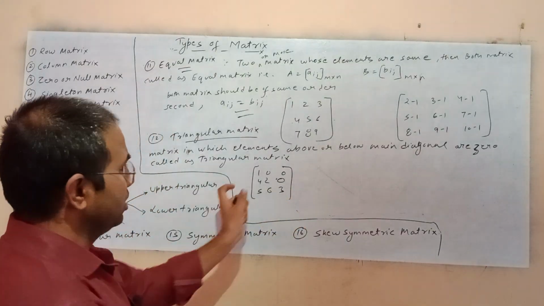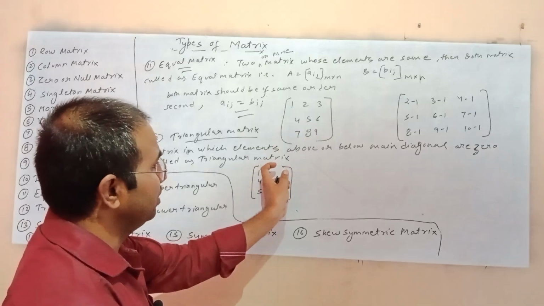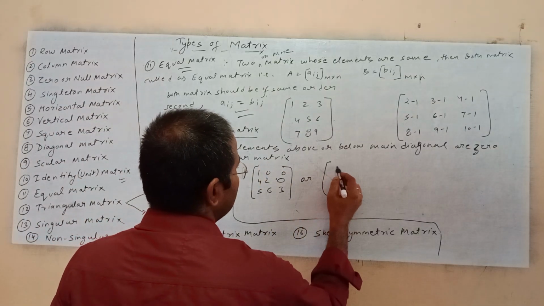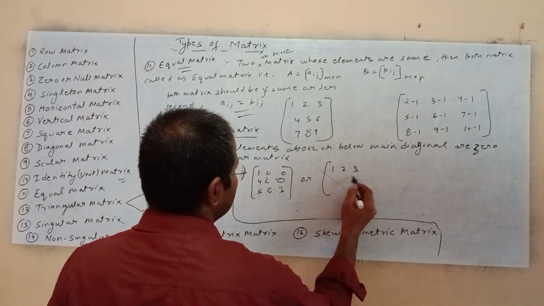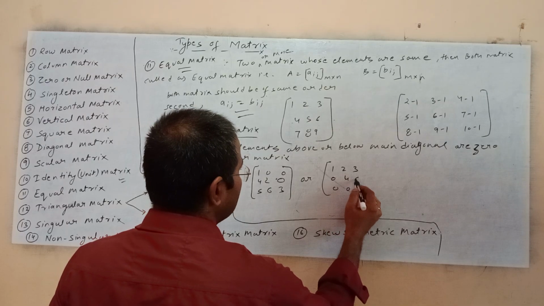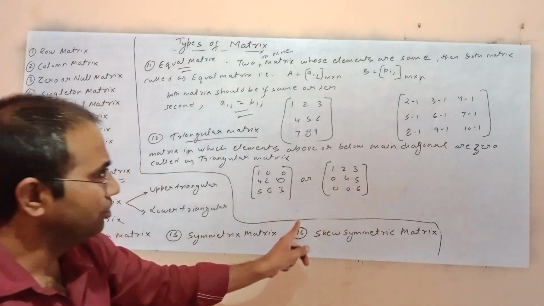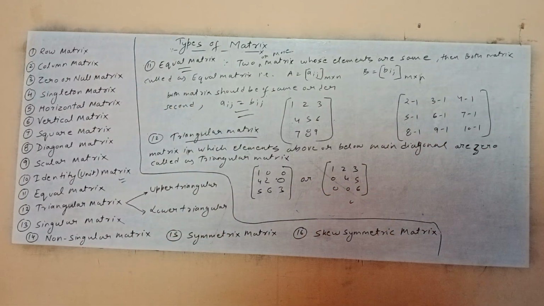So from the main diagonal, the elements above are 0. Or you can say, suppose you write 1, 2, 3, and this will be 0, and 4, 5, 6. So in this, from the main diagonal, the elements below will be 0. So both are called triangular matrix.